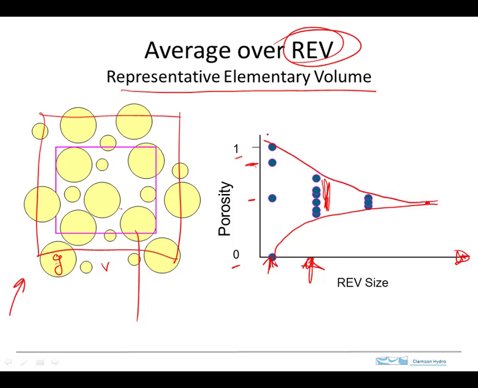And so the porosity at this scale or less is variable, but once we reach a certain REV size, we have porosity that isn't really varying much. It has a pretty consistent value. And so over this range, once we get larger than that, then the porosity has a meaningful value.